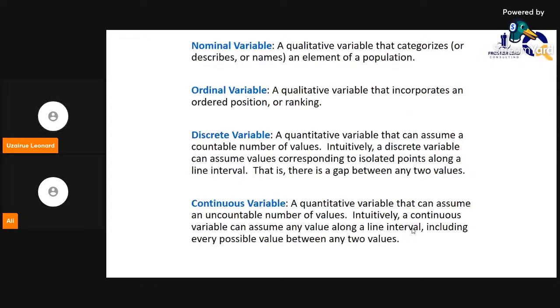Then when we talk about ordinal, it's also a qualitative variable that incorporates an order, position, or ranking.